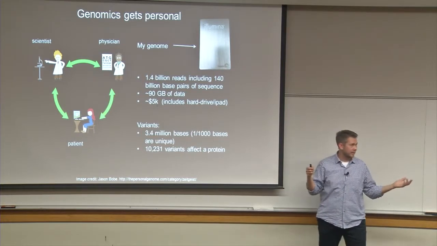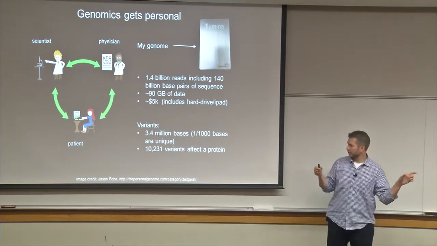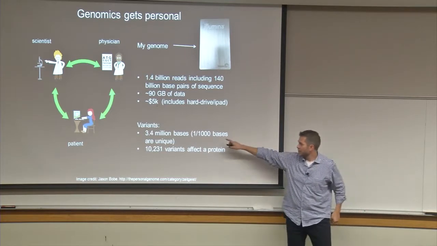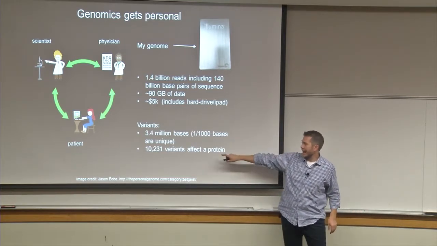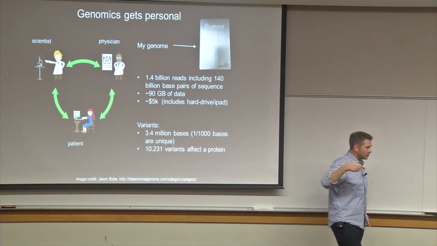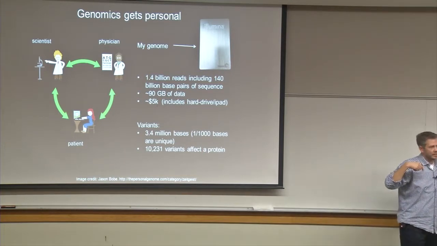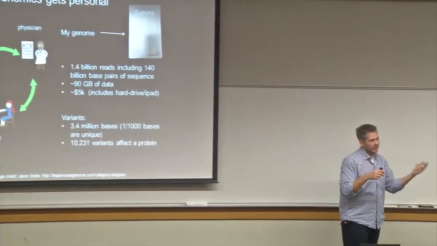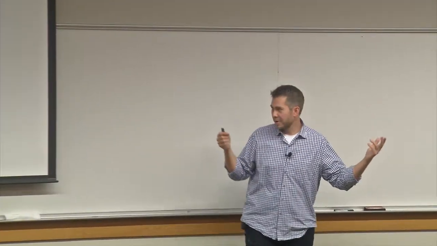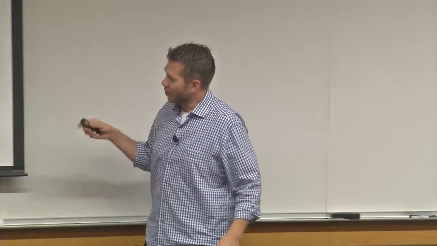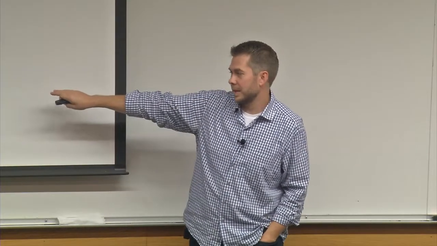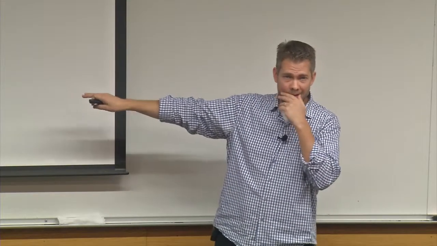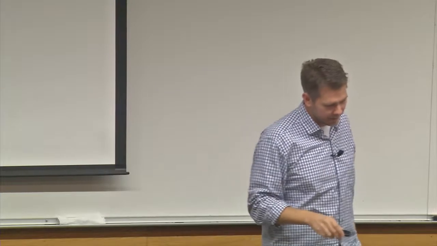We know some of the things it does, but it doesn't directly code for proteins. So of these 3.4 million, 10,000 actually affect a protein. There are 10,000 ways that my expressed proteins are different, that is, they fold differently. It affects how well I see, my chance of going bald, things like that, right? Those are things we know it's affecting. That's actually a lot of differences that could contribute to disease and other things.